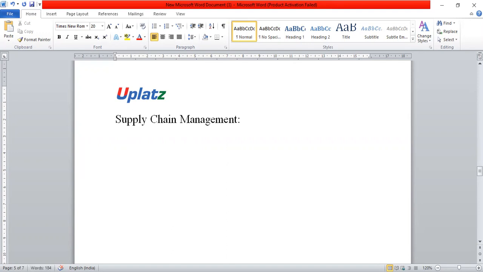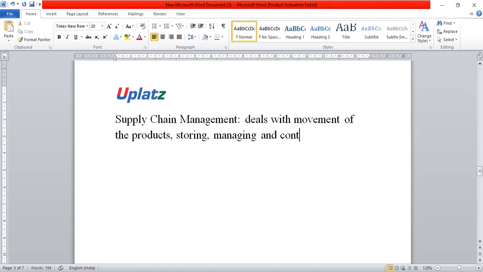It deals with movement of the products, storing, managing, and controlling supplies. So this is supply chain management.